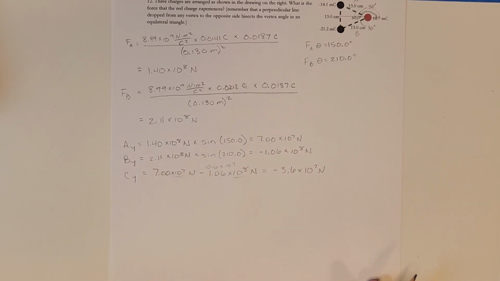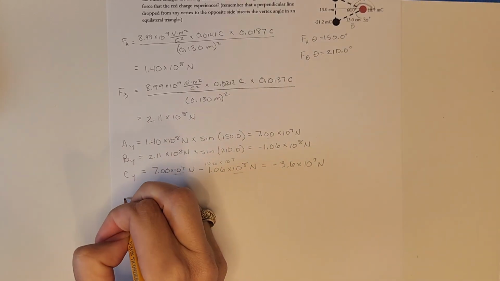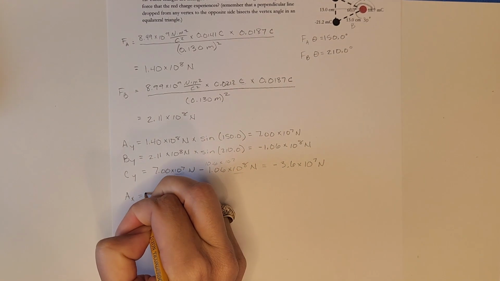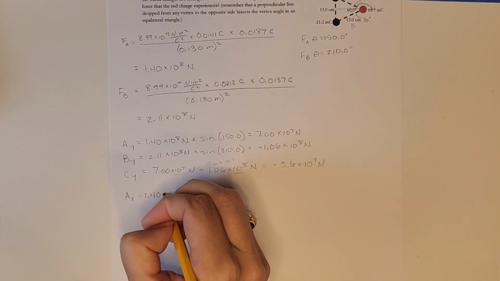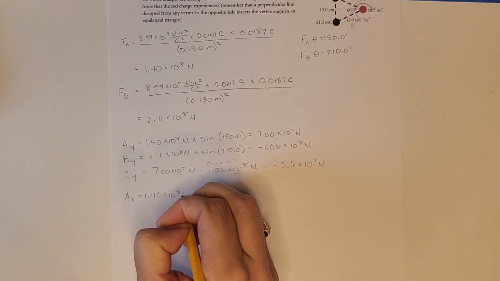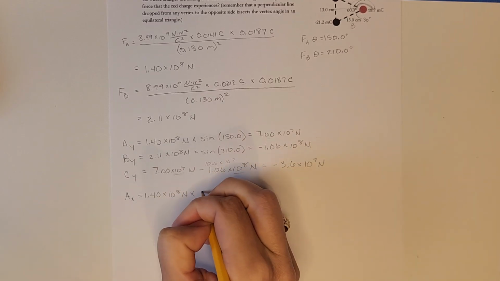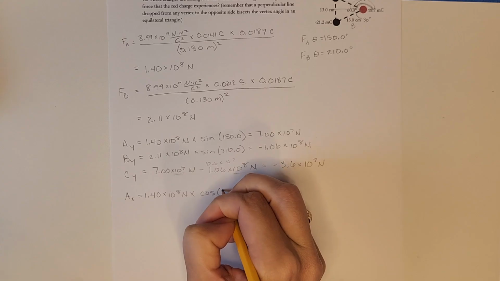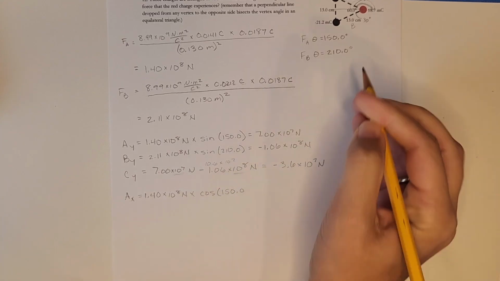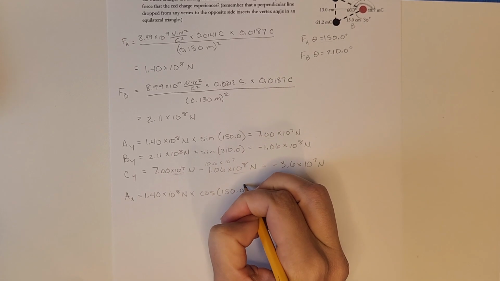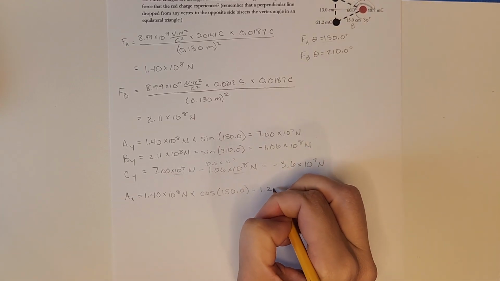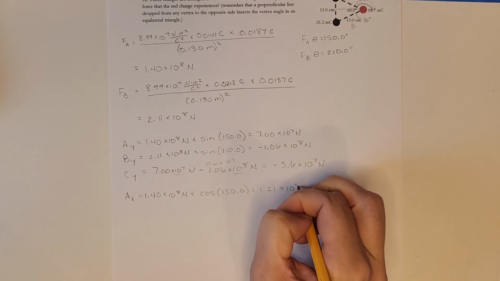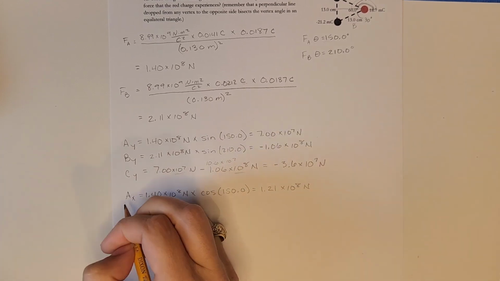Okay, so now let's do our X components. AX, taking our force from above, using the cosine now of 150, and we get 1.21 times 10 to the 8th newtons.